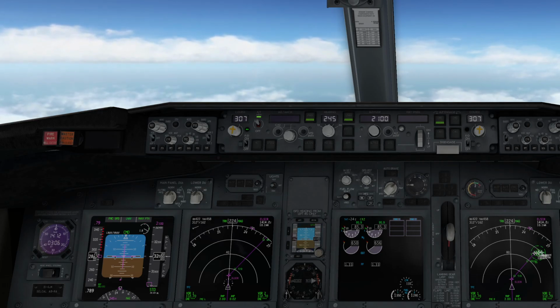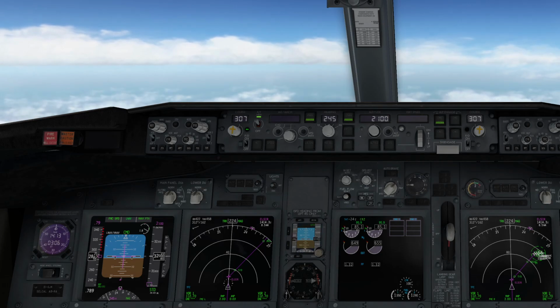So very shortly we will have to switch off the fuel pumps on the center tanks. 100 kilos. Elseer 7 miles.